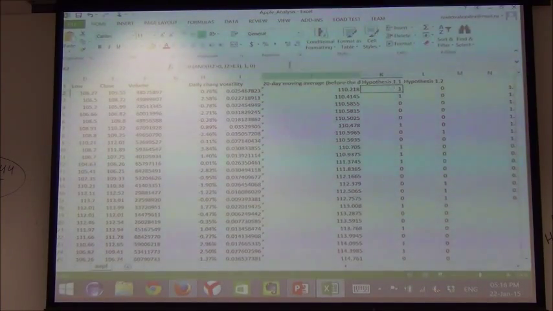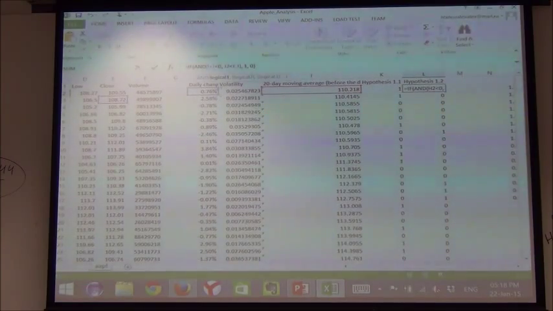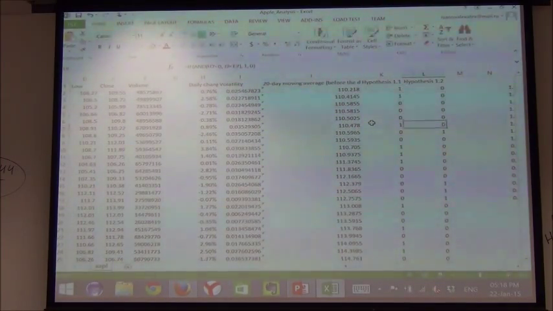So here, 1 means that our hypothesis works for that day for the long position. That column stands for the same hypothesis for short positions. So if it's equal to 1, let's say for this day, it means that the strategy worked.